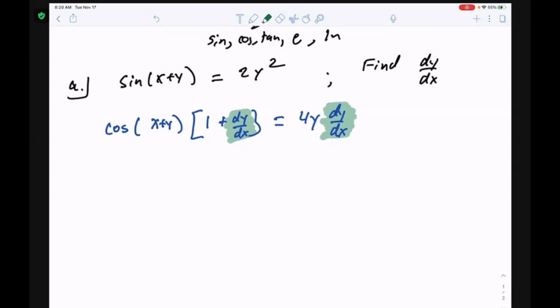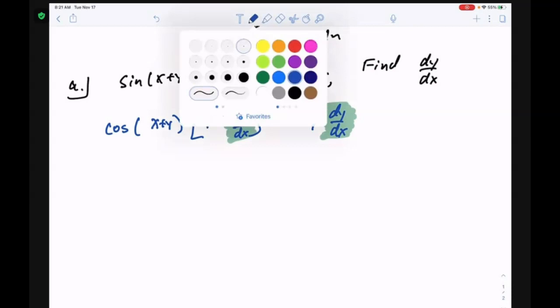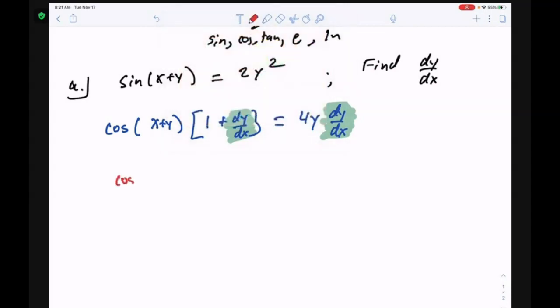That's traditionally the easier problem. But because that's not there, when I have the variable I want to solve for on both sides, I need to make sure I isolate that variable. So I have to expand in this case, which gives me cosine x plus y times 1, which is just cosine x plus y, plus cosine x plus y dy dx equals 4y dy dx.